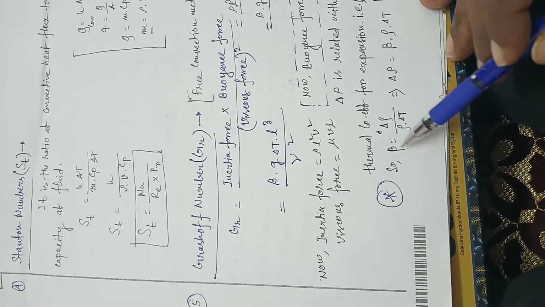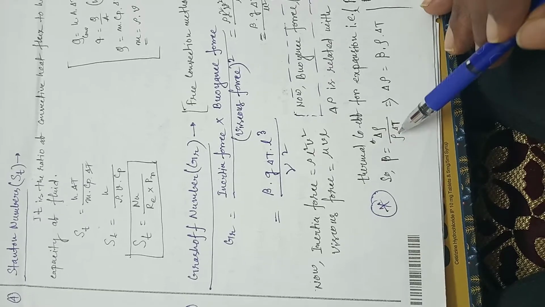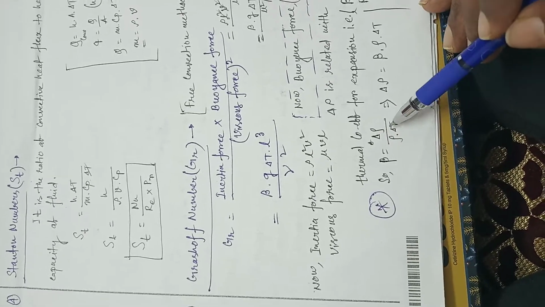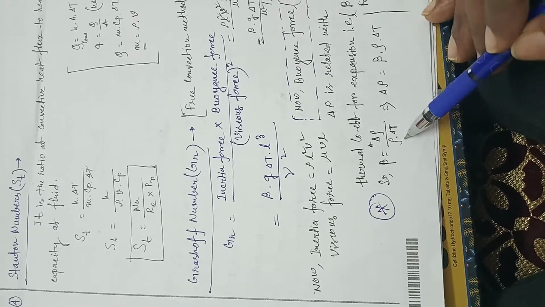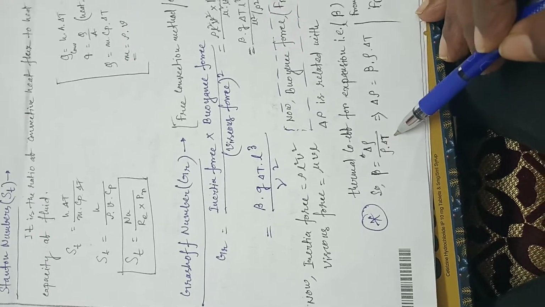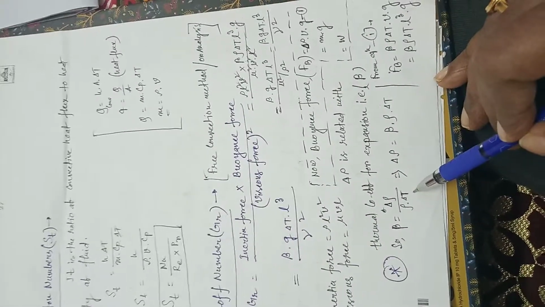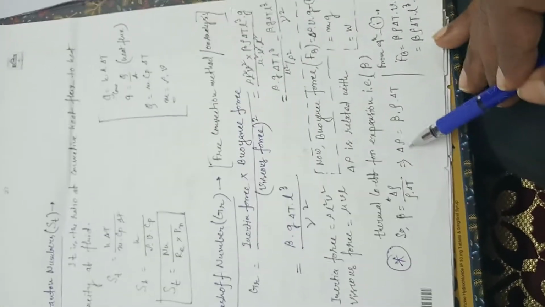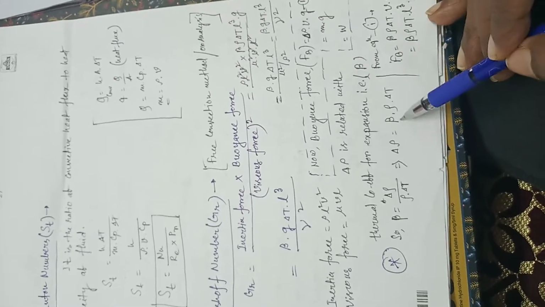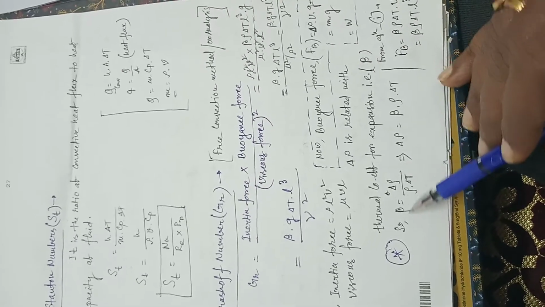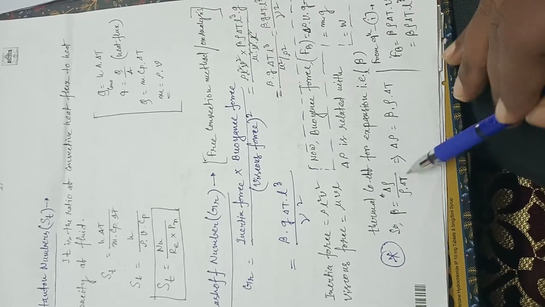So beta can be defined by the change in density by the density of the liquid into change in temperature, and the change in density del rho equals beta rho del T. This is the expression for beta.